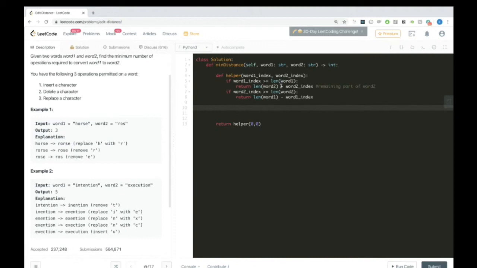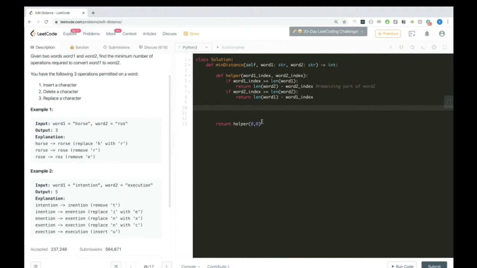So now here comes the really fun part: what do we do when, let's say, horse is very similar to horses, and we go through the first word and compare it with the second word, and they're the same at the same index position? Then we can skip and increment both indices and push them one further to the right.